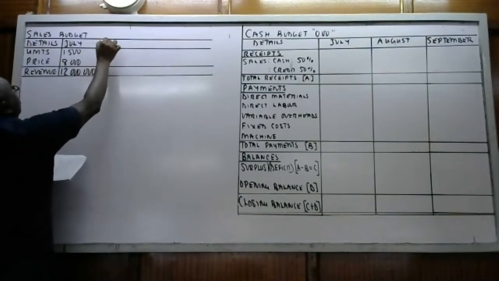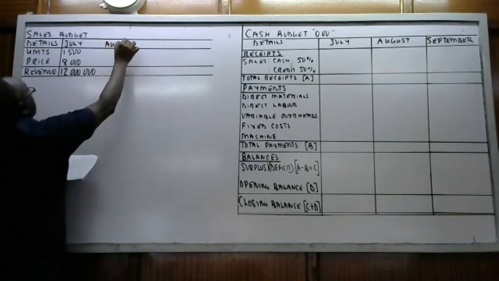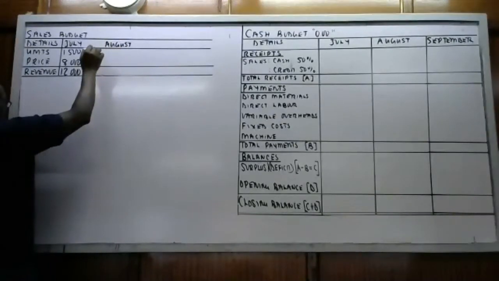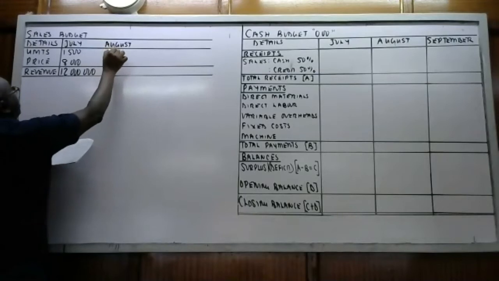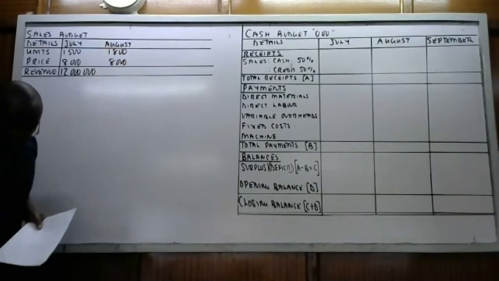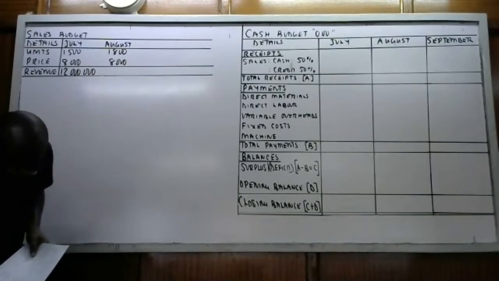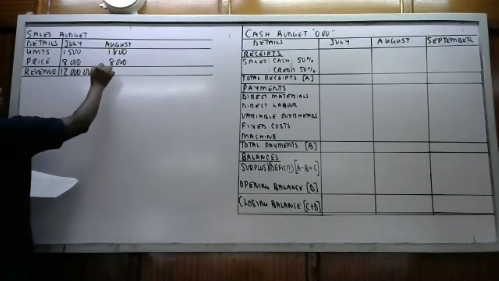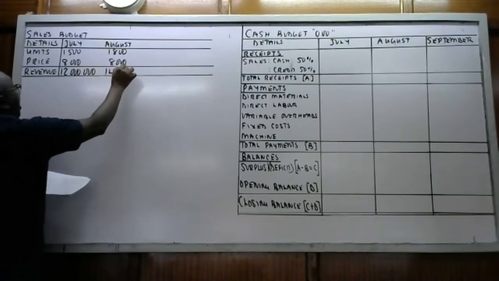You come to August. In August, we sold 1,800 at a price of 8,000. So 8,000 times 1,800 is 14,400,000.